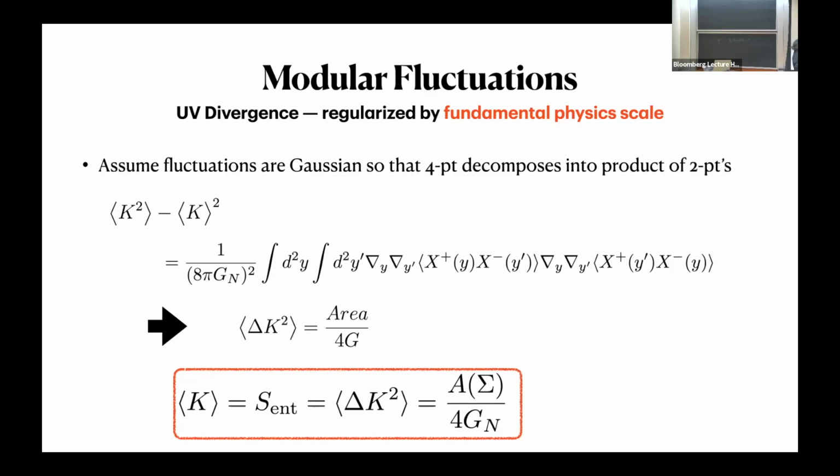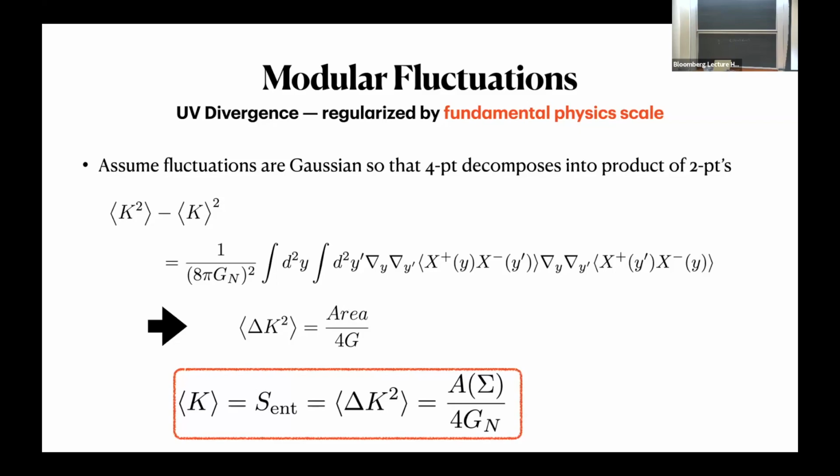So if you compute the variance, K squared minus the K expectation value squared, the only term that's left over is the product of these light ray operators. So now you can crank through in exactly the same way. And what you find is that, again, these fluctuations now go like the area.